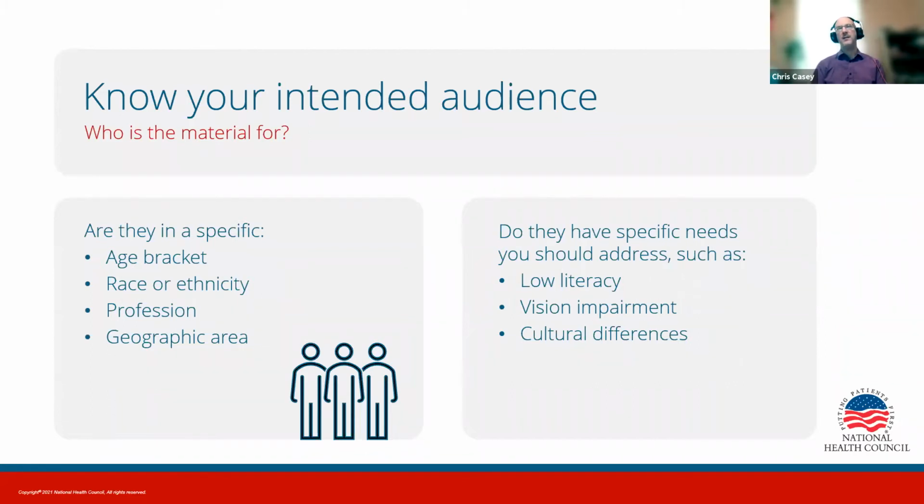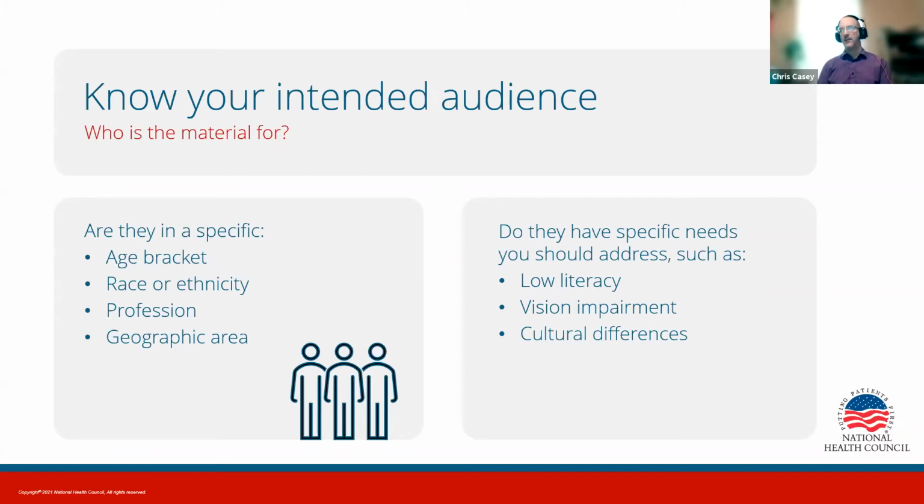So here are some ways that you might think about describing your audience. Demographic characteristics: are they in a specific age bracket? Are they in a particular racial or ethnic group or language? Are they in a certain profession or even a certain geographic area?